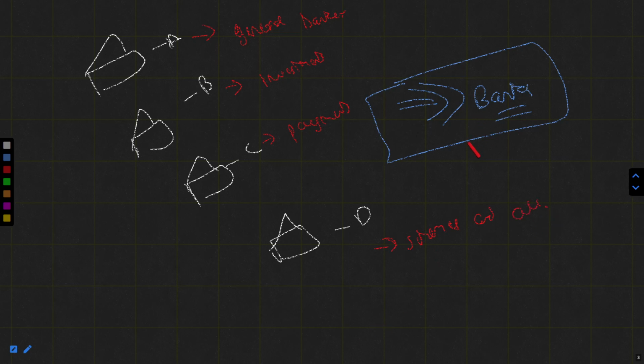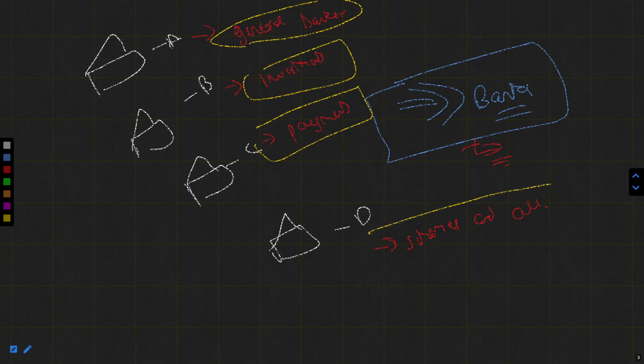The common thing is banking, but what separates them from each other is their specific sphere. A is a general banker, B is an investment bank, C is a payment bank, and D is a scheme bank. That's how the categorization occurs.